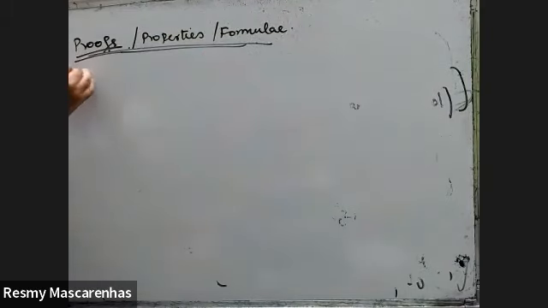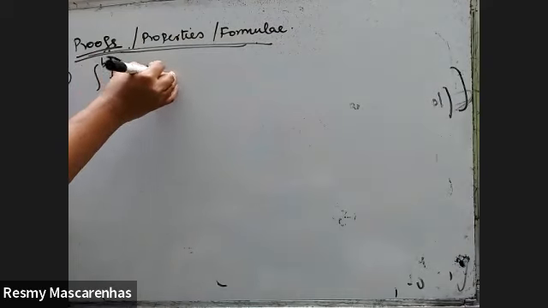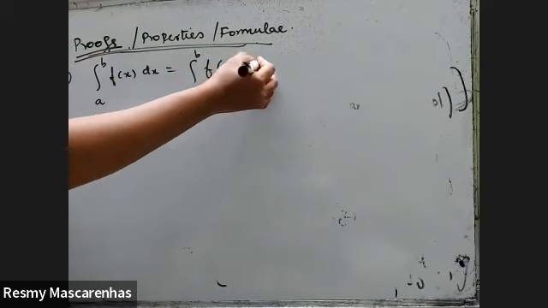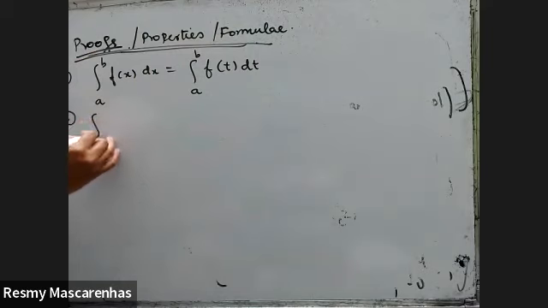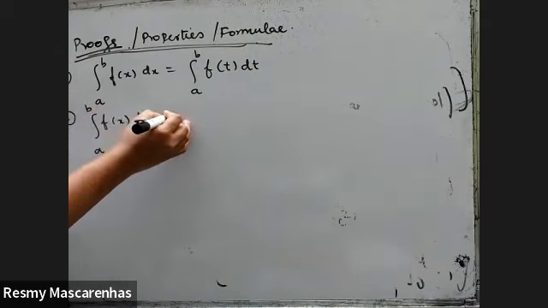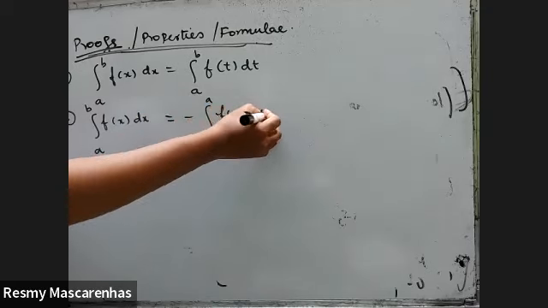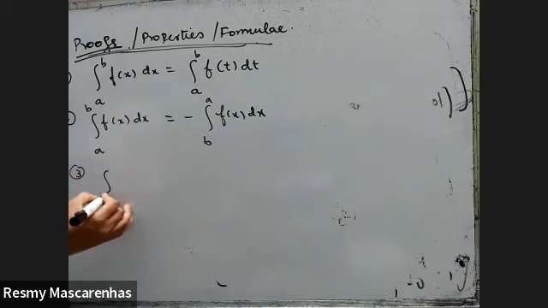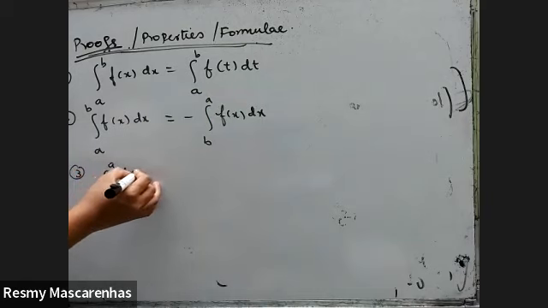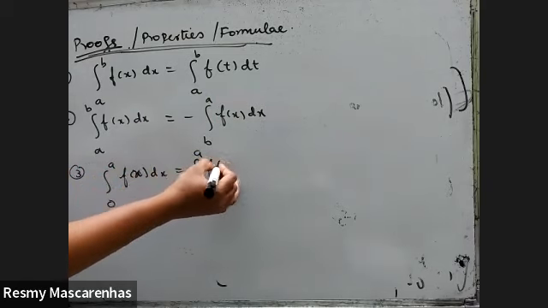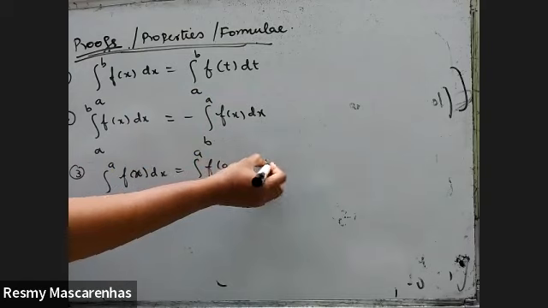The first one, a to b f of x dx equals a to b f of t dt. Second one is... third one, 0 to a f of x dx equals 0 to a f of a minus x dx.